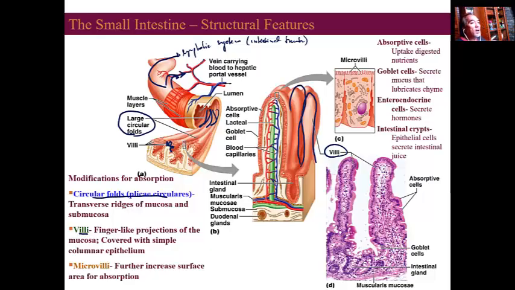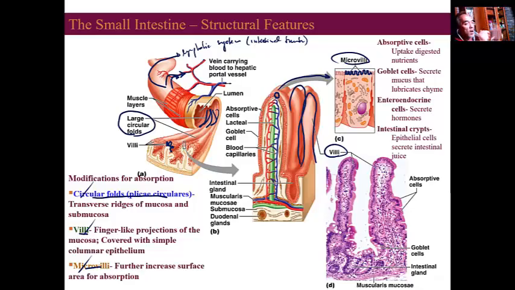And then if I take a look at the cells that line the villi, magnified, the cells have extensions also above the apical surface of the epithelium. That is now called the microvilli. So what is the purpose of these circular folds, villi, and the microvilli? They actually increase the absorptive surface, because at this point you're trying to absorb whatever you can as fast as you can.